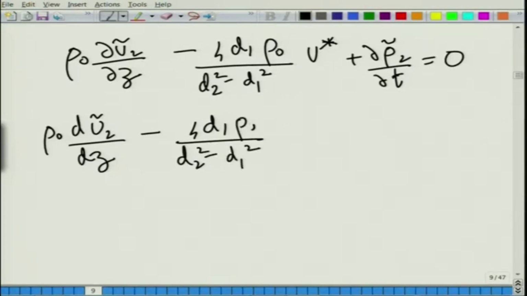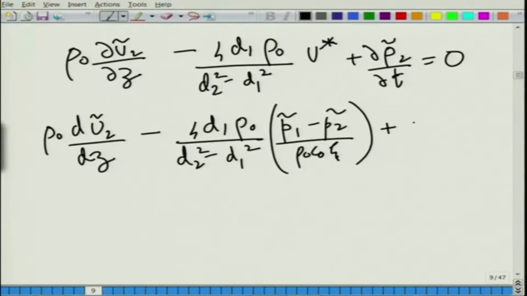So, this is rho naught, what was it? It was P1 minus P2 by, this becomes j omega rho 2, but keep in mind that rho 2 is nothing but P2 by C square, P2 tilde by C naught square.